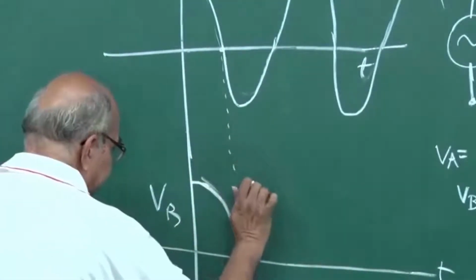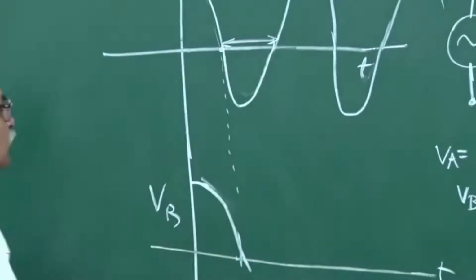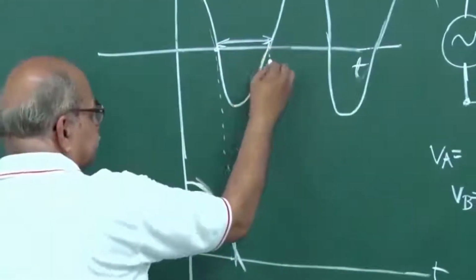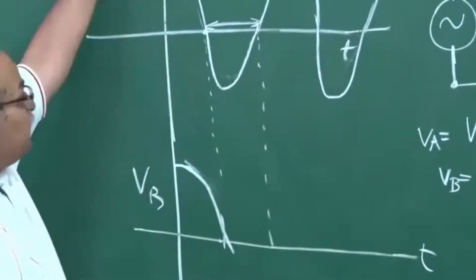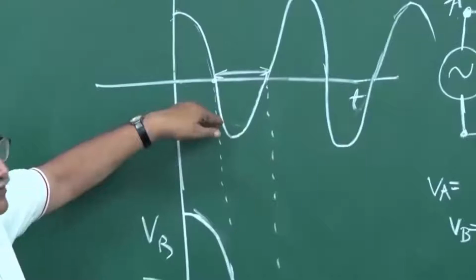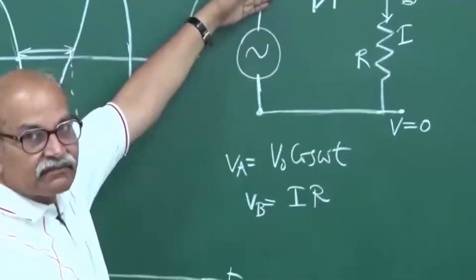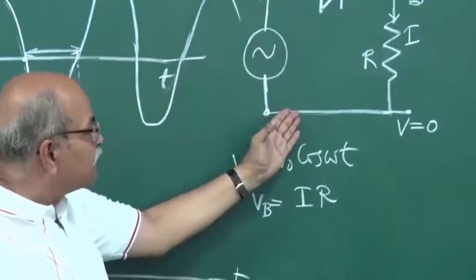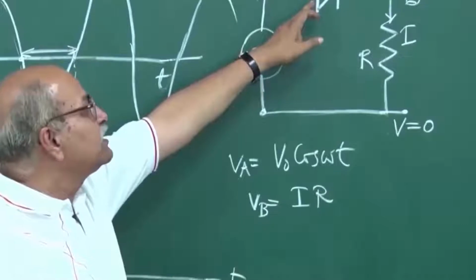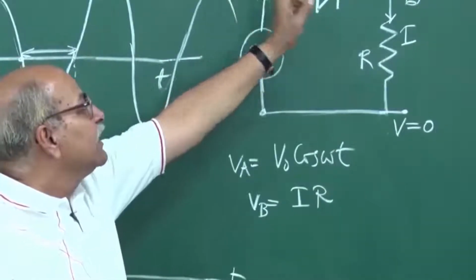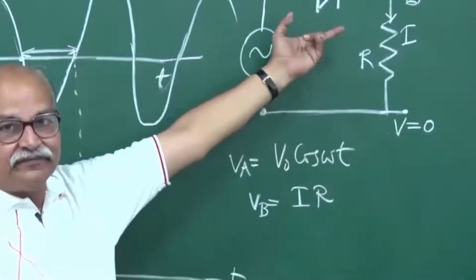After that, during this period, VA is negative. So this is at 0, but this is at negative. That means this is the higher potential side and this is the lower potential side. P is connected to the lower potential side, N is connected to the higher potential side, and this is reverse bias.